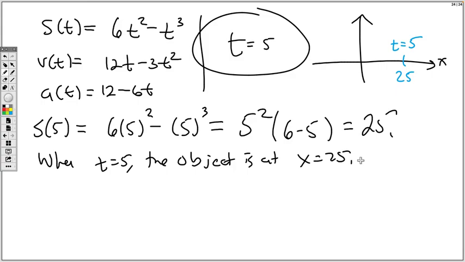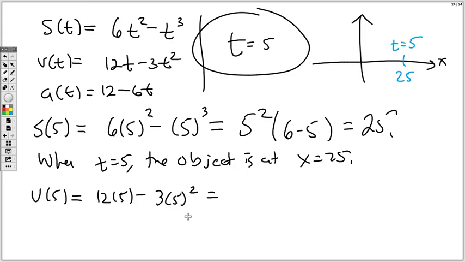Now, it's asking which direction is it moving. Which of those functions is going to help us figure out what direction it's moving? Velocity. If velocity is positive, since I'm moving on the x-axis, the object would be moving to the what? Right. If it's negative, it'd be moving to the left. So let's plug in v of 5. 12 times 5 minus 3 times 5 squared.